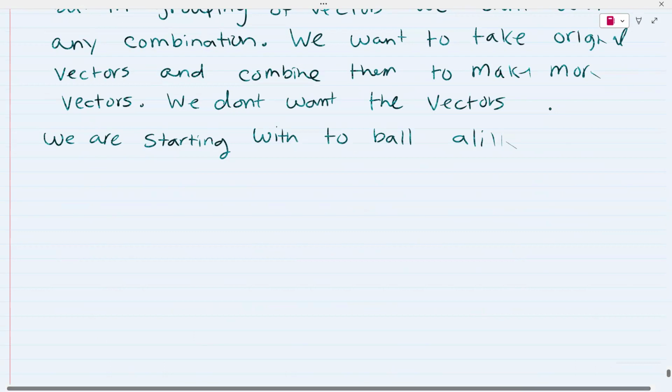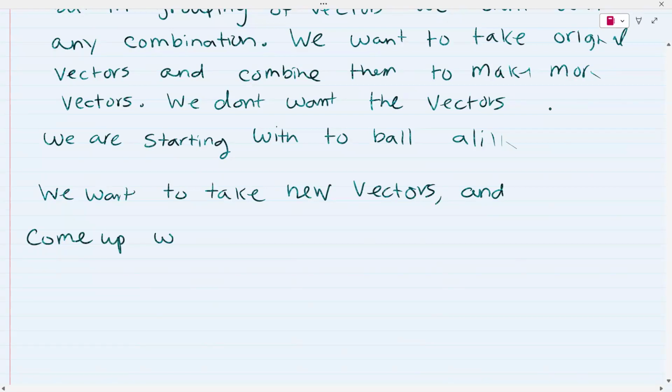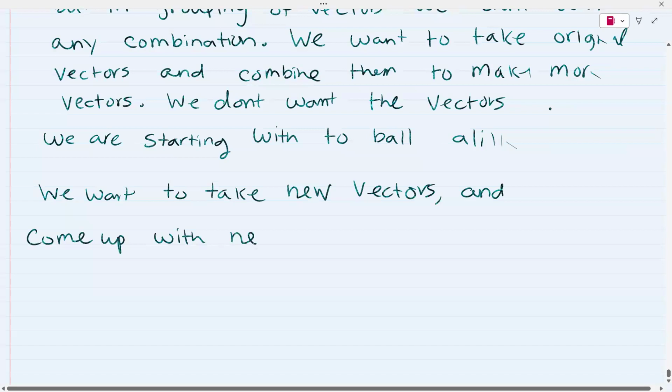In linear algebra, what we really want is to take new vectors and come up with new vectors or new linear combinations.